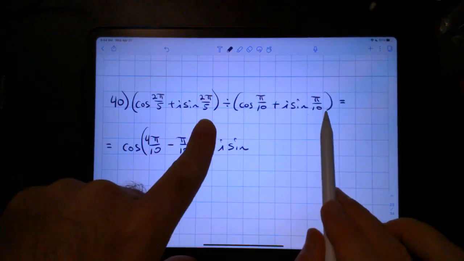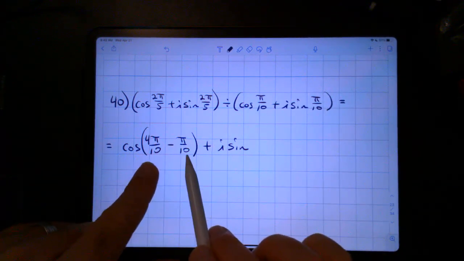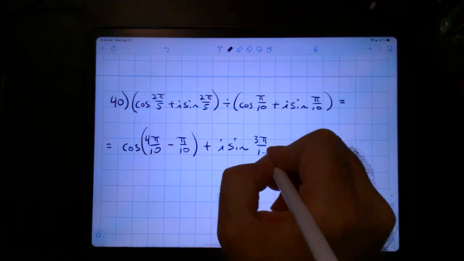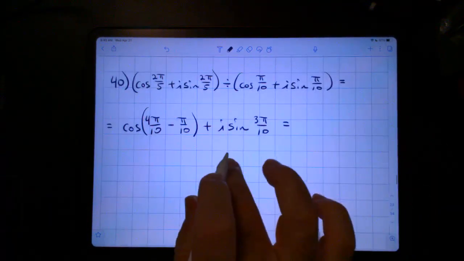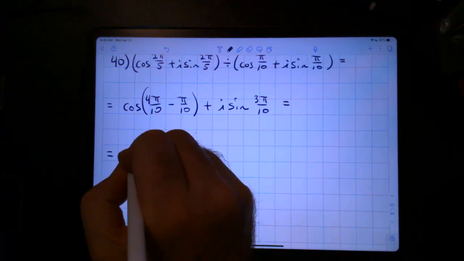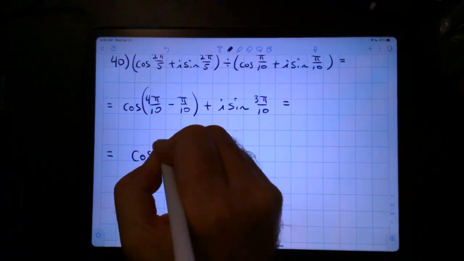It's the same argument, I'm subtracting them. So it's going to be 4 pi minus 1 pi is 3 pi over 10. And that is not a familiar looking angle, so I'm going to leave it at this.